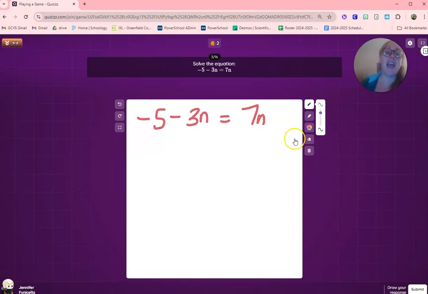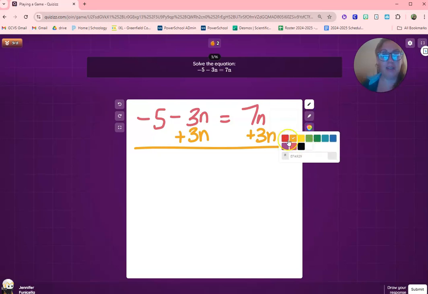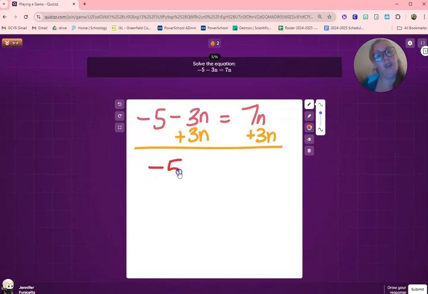We want to get our n's together. So we want to move this -3n to the other side by doing our opposite operation and adding 3n to both sides. Then we have -5 equals 7n plus 3n. 7 plus 3 gets us 10n in total.